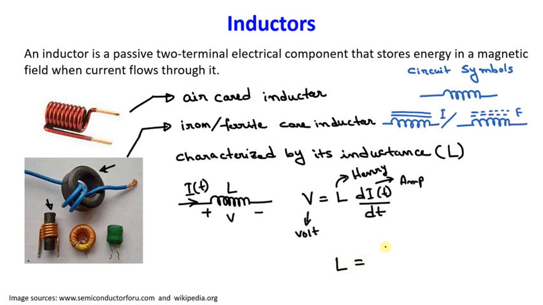So how can you define this inductance? You can also write L = V / (di(t)/dt). So basically it is the ratio of voltage across the inductor to the rate of change of current through the inductor, right? That's how you can define inductance.